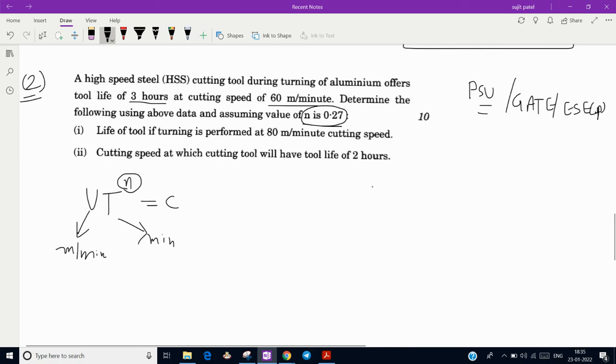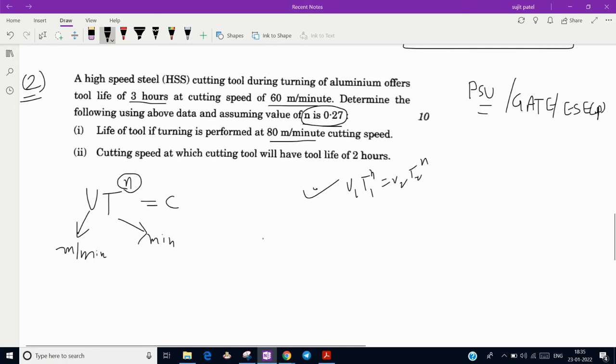Or in other manner we can say that v1 t1 power n is equal to v2 t2 power n. We can write this equation in that manner also. So we will use this format. So what is the tool life when we operate at 80 meter per minute?